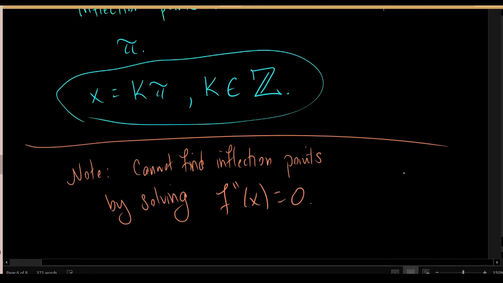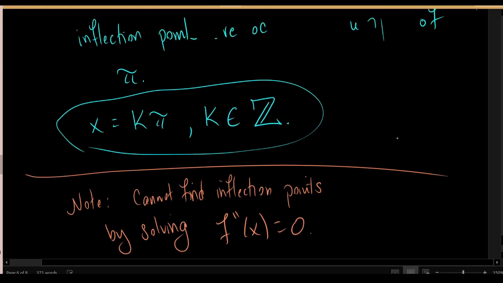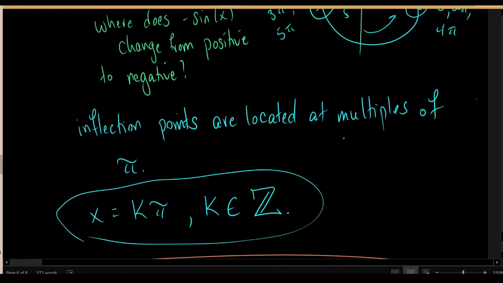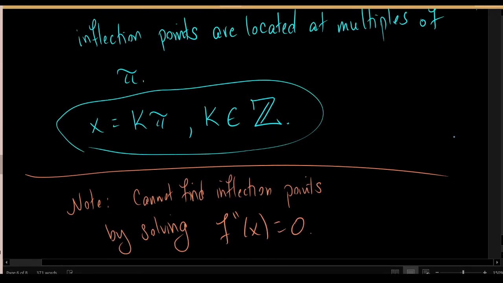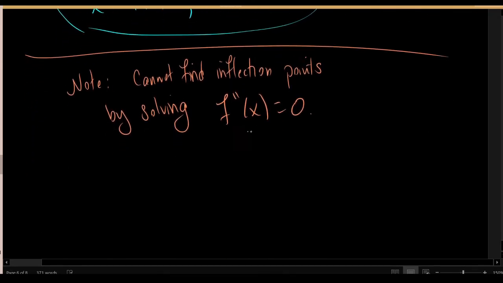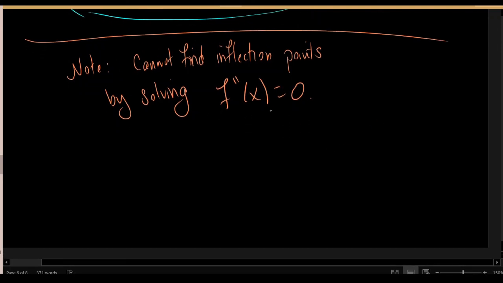It may seem tempting as a result of the intermediate value theorem to say, well, f double prime is changing between positive and negative, and anywhere that occurs is at a location where f double prime is 0. And that is true. Any inflection point must be a solution to this equation. But the problem is that there are some solutions to this equation which are not inflection points.